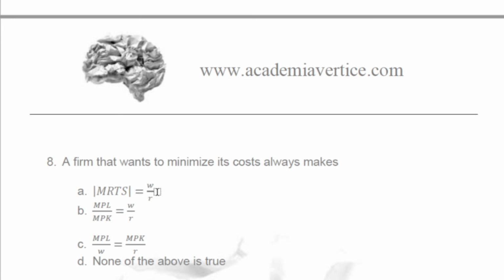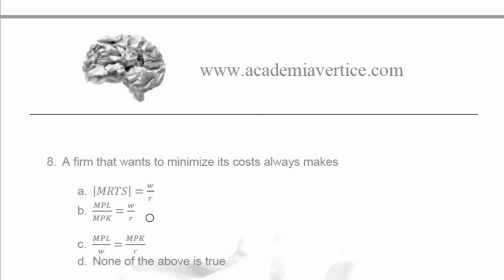I think I made you a similar question for test 1, with utility. MPL divided by MPK is the same as we have here. The MRTS in absolute value is MPL divided by MPK. So B says the same as A, so it's also false. And this expression is the same.